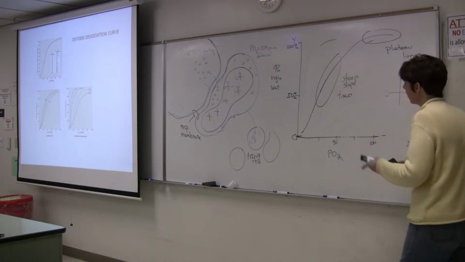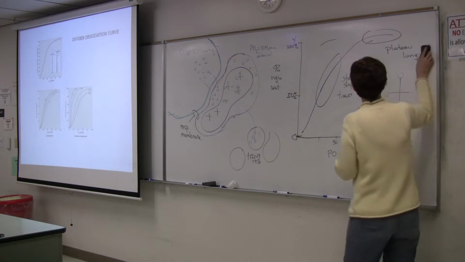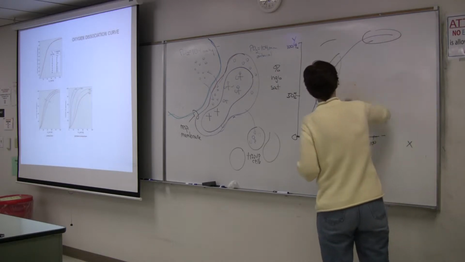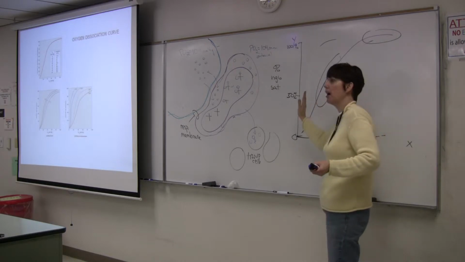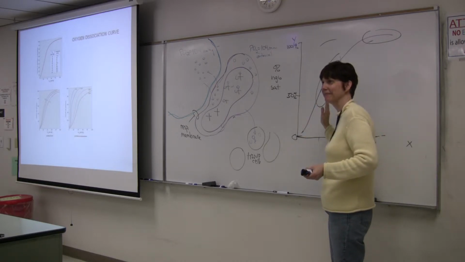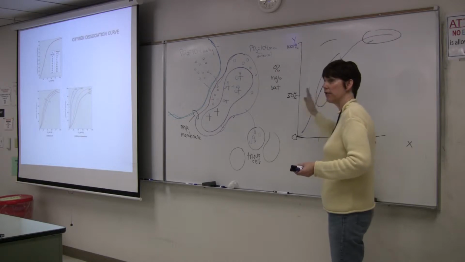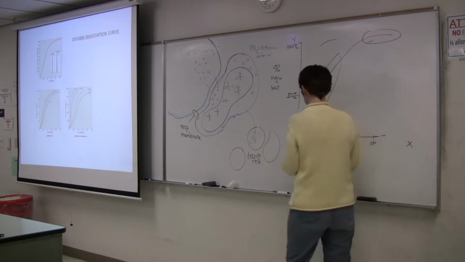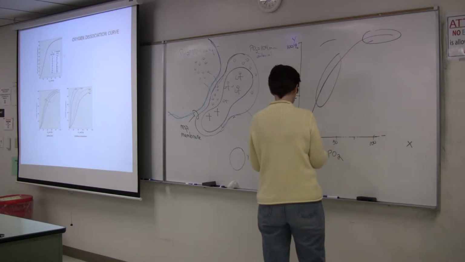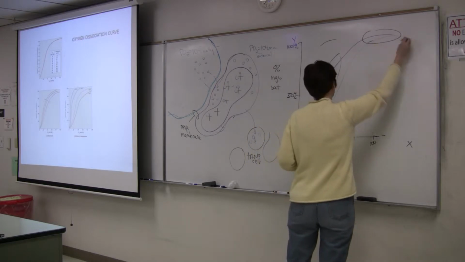Now, you'll notice that there are several other diagrams, and depending on the conditions, we talk about the oxygen dissociation curve shifting. It shifts to the right, or it shifts to the left. And usually it's the steep slope that is affected.